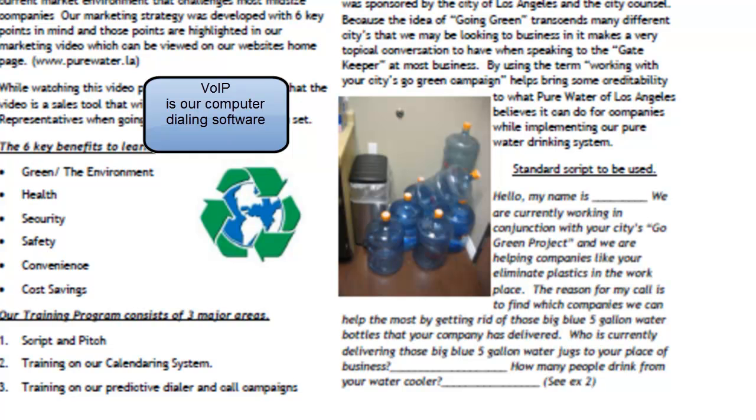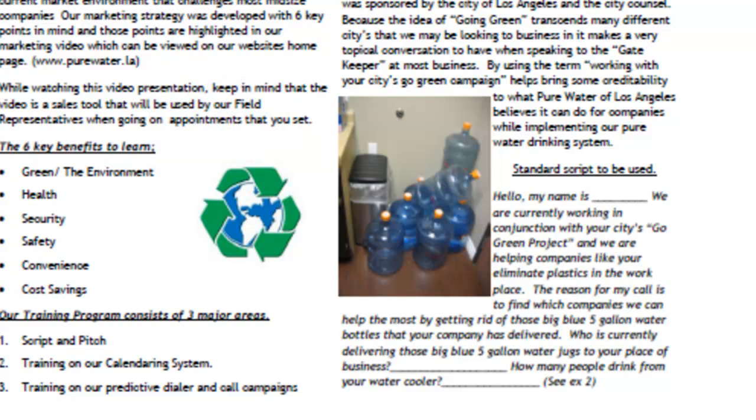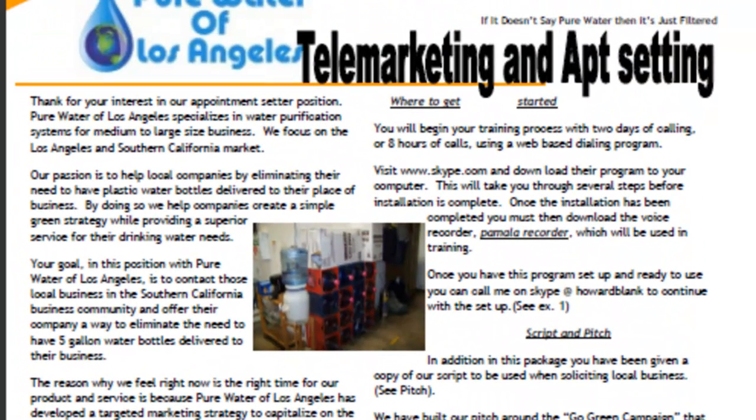I find that with a headset with a microphone, the quality sounds a lot better than just using your computer with no headset and microphone. So if we find that the call quality is not acceptable, that could have an impact on your position. So do make sure you have a reliable internet connection along with a computer, headset, and microphone. And this video is going to take you through the setup of your computer in order to begin working with Pure Water of LA.